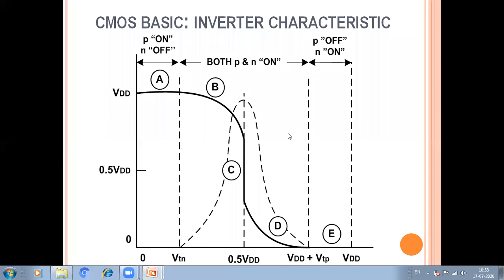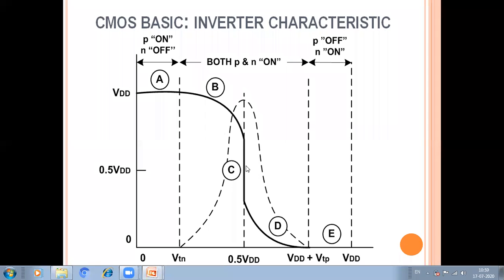In the cutoff region, under ideal conditions, the drain current is zero. The cutoff region occurs when VGS, in the case of an NMOS transistor, is less than or equal to VT, the threshold voltage. At that time the drain to source current, IDS, is zero, right?